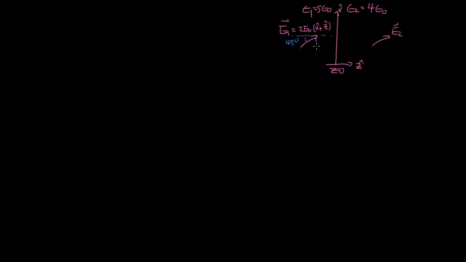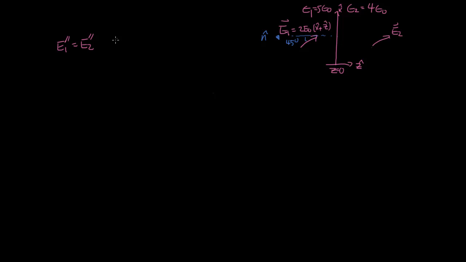So this is our normal vector. A quick review conceptually. I want to minimize the math so that we can just focus on conceptually what happens. But the key concept for boundary conditions is that the tangential field, so the field that's parallel to the interface, is going to be continuous.